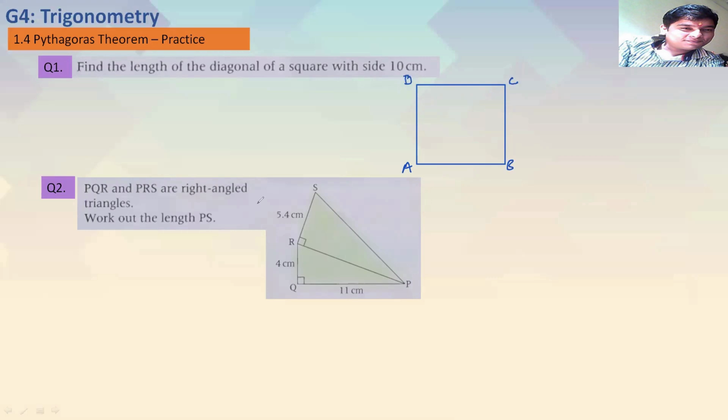How many diagonals does it have? First tell me. 2. Absolutely. Are the two diagonals equal? Yeah, they are equal. Absolutely. So if we find one of them, that suffices, right? So let's figure out AC.